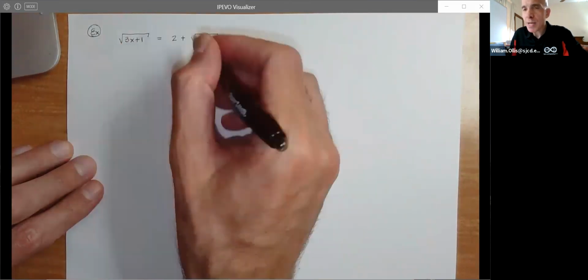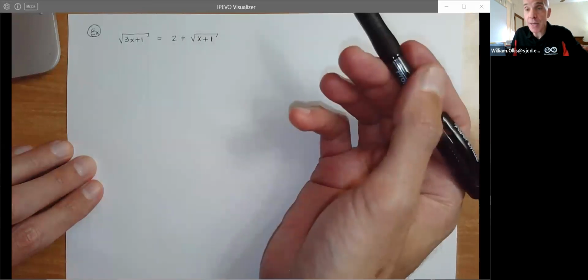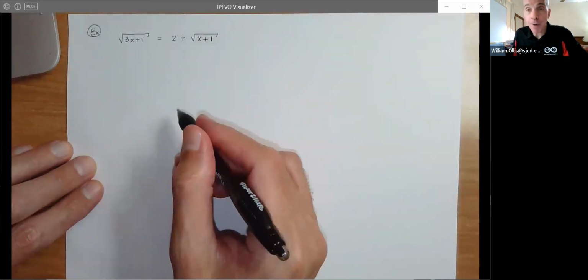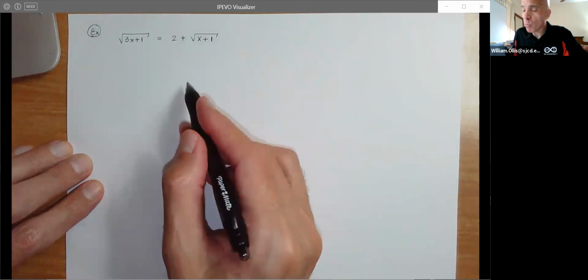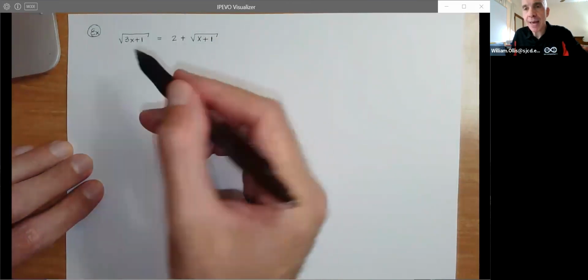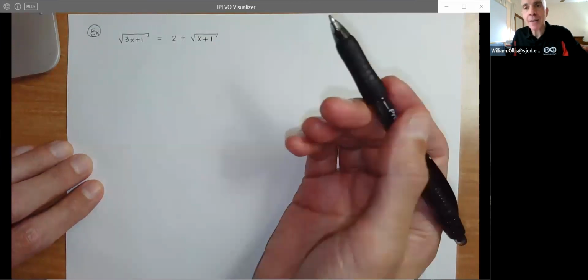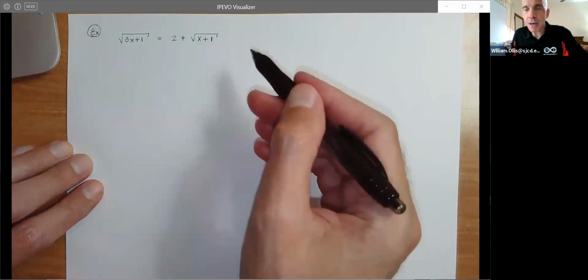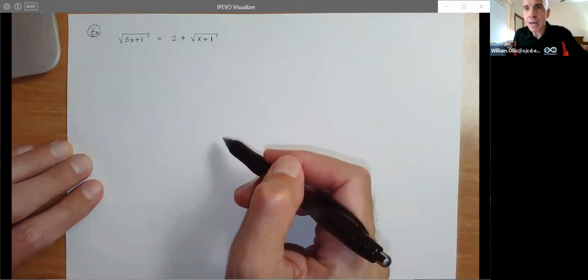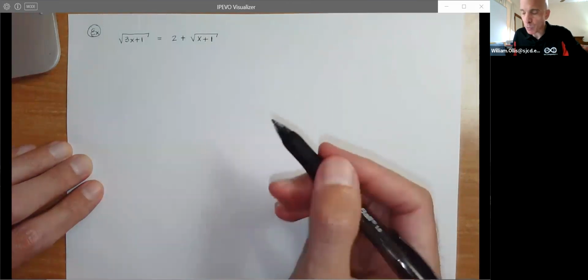So the process here could be trial and error. That is, you can just try values of x and maybe you'll get lucky and find a solution. But what we want to do is similar to the last, is produce a maybe simpler equation that we can solve, and then see if any of the results that we actually get actually solve the original equation. So what we're going to do is a similar technique.